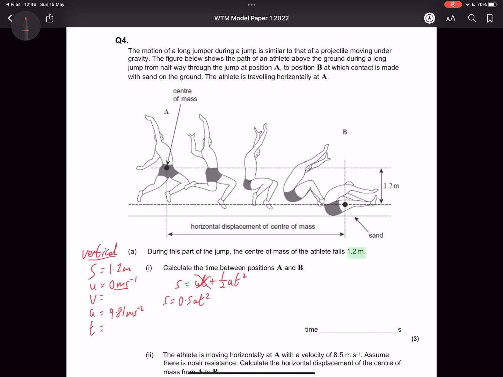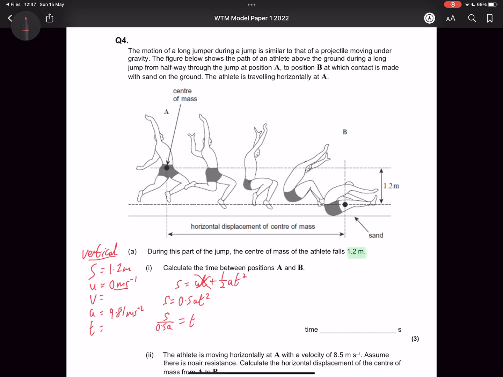Now I have written 0.5 at squared here, just to make it a little bit easier. That's how I tend to perceive it. Some people prefer to write 1 over 2 and then move the 2 to the other side. Entirely up to you. So if we rearrange it, we end up with s over half of a, all rooted, equals t.